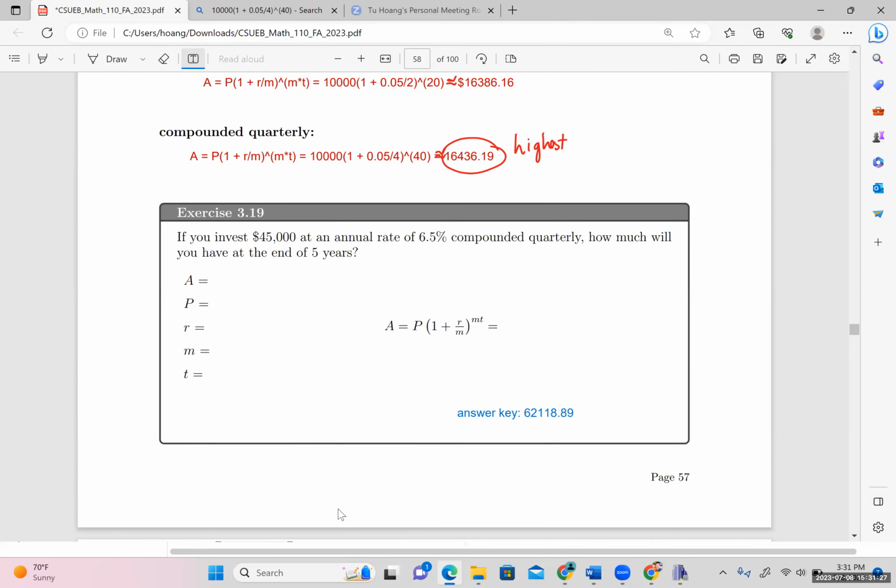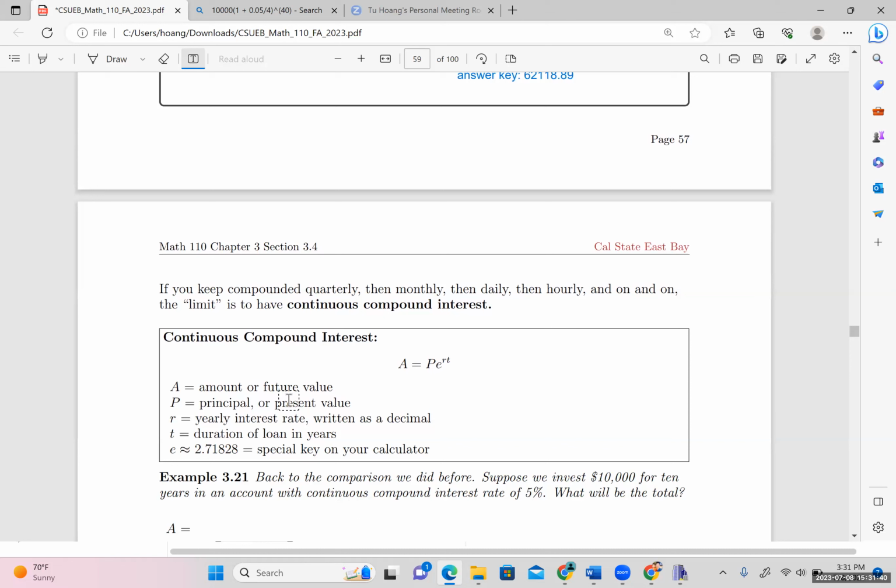Like I say, if you keep compounding, say quarterly and then monthly. So let's note that m equal to 4 in this case, right? And for monthly m equal to 12, right? And then daily, what is that?